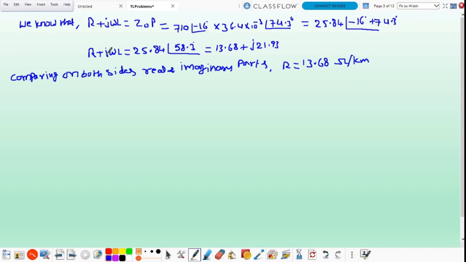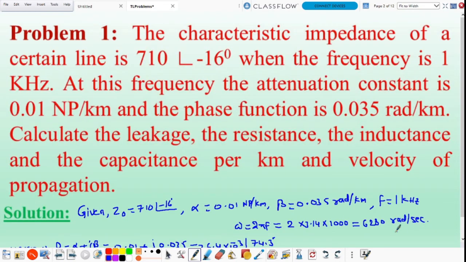Comparing the imaginary parts on both sides, on the LHS the imaginary part is omega L, and on the RHS the imaginary part is 21.93. The inductance L is equal to 21.93 divided by omega, and the omega value is already calculated. Omega is equal to 6280 radians per second.